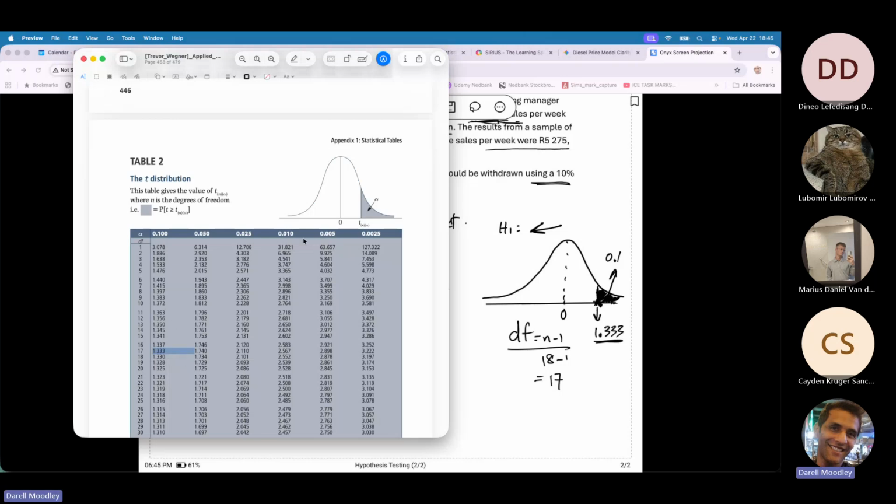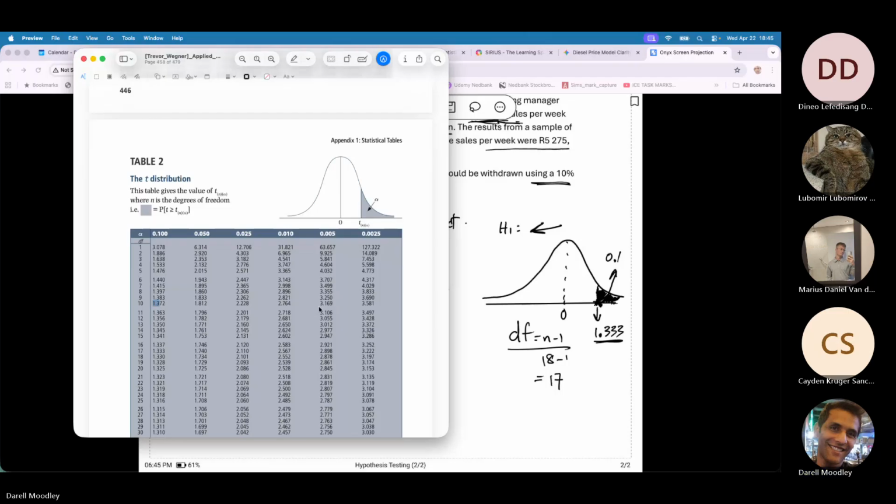So in the table for the t distribution, your area is given by alpha, and that's the first row of this table. The corresponding t value, once you know what area you're working with, you just need to work with the degrees of freedom to determine which row to stop at.